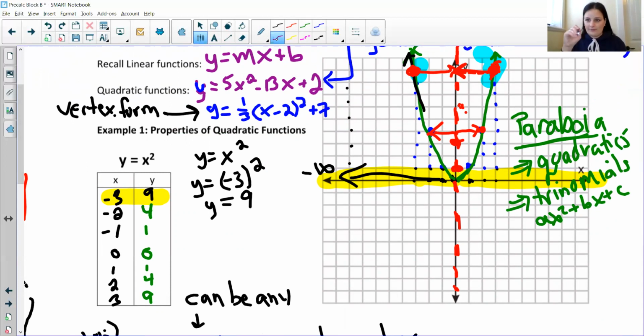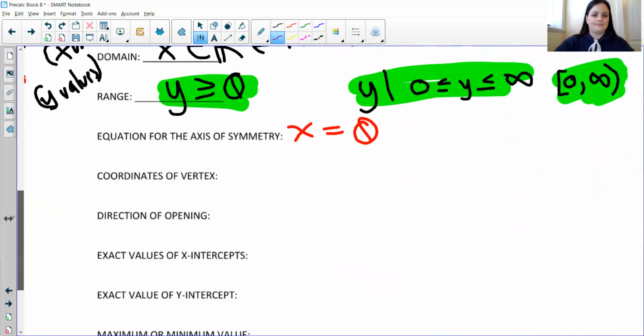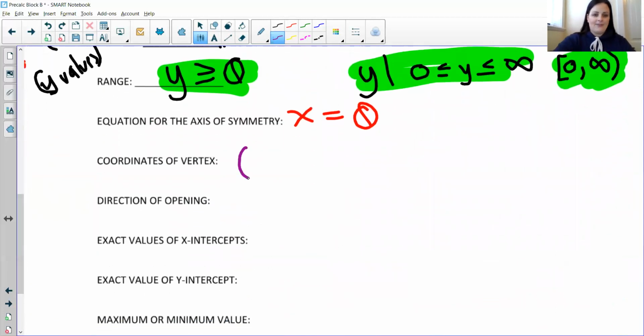It'll either be a valley, with a bottommost point or a minimum point, or it will be this hill-like shape where it has an uppermost point, a peak. So right here is the lowest point of this parabola. This is the vertex. And that vertex happens when x is 0 and y is 0.